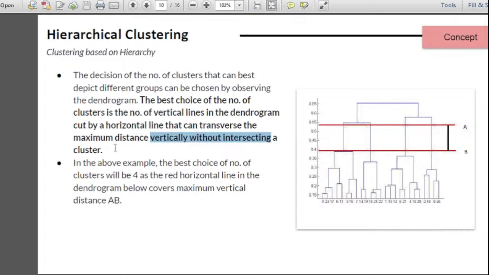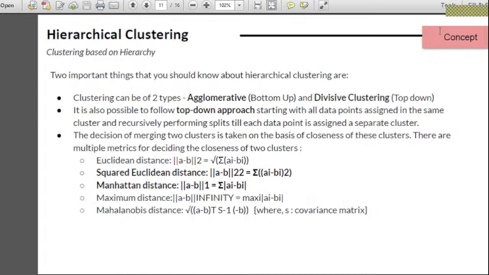So first I will find where I have the maximum distance and then how many vertical lines these two lines have cut. That will give me the number of clusters. So in this case, how many clusters do I have? 1, 2, 3, and 4. Is it clear?